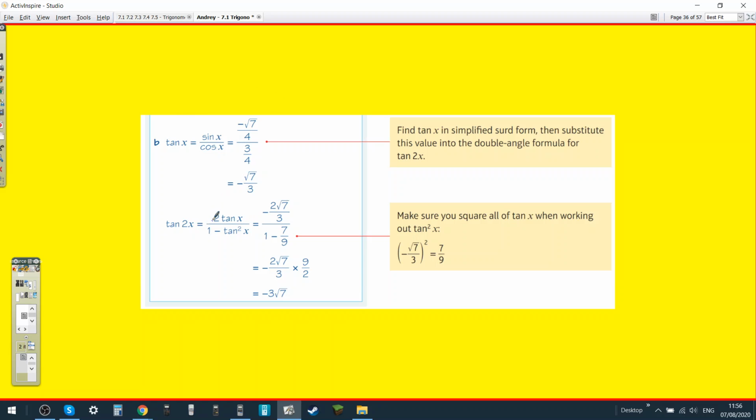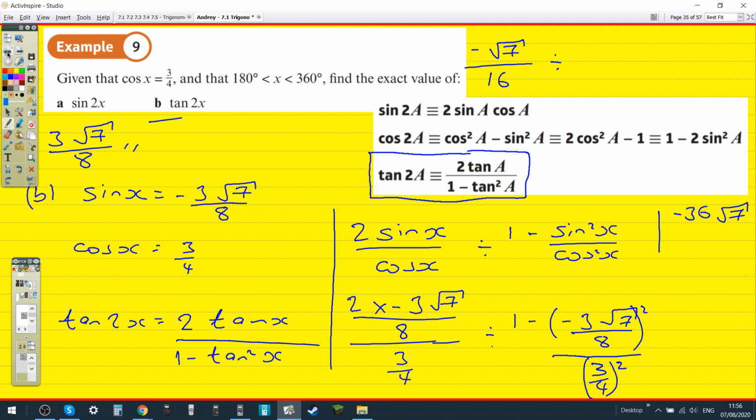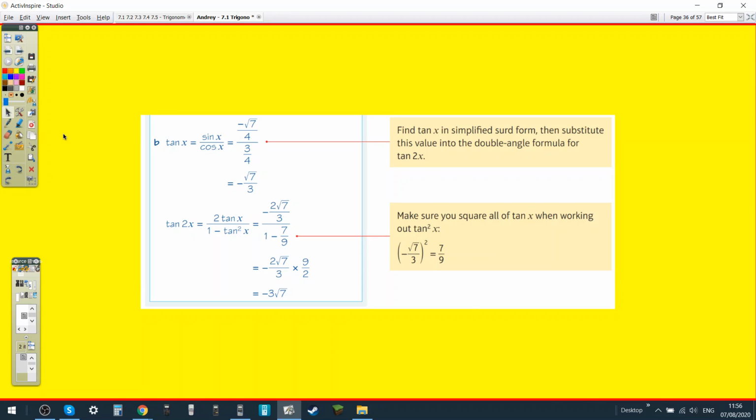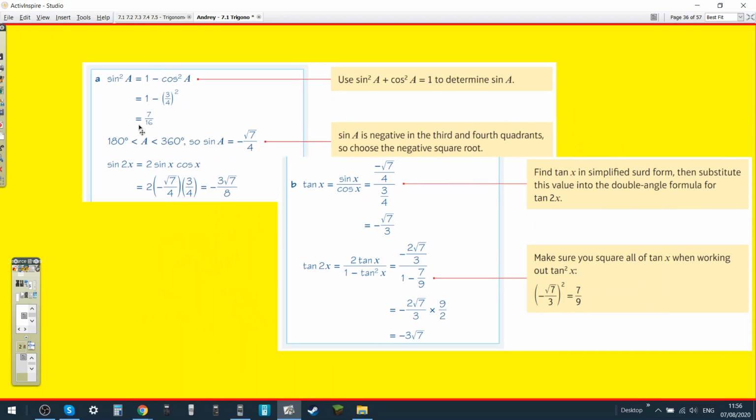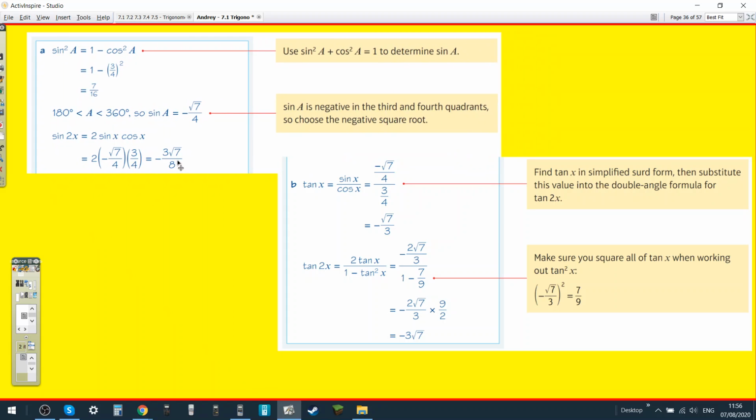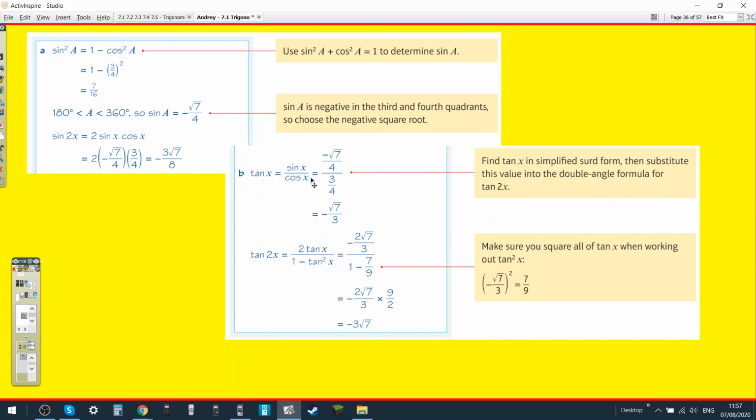So tan 2x. Hang on, was our part A wrong? Or did it just simplify down to something? No, our part A is correct. Sine x. Am I missing something?